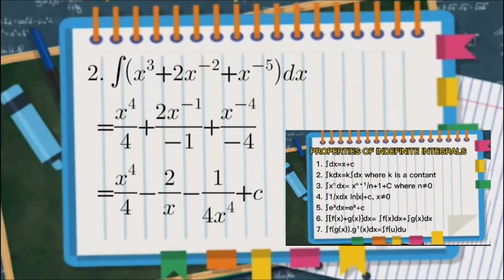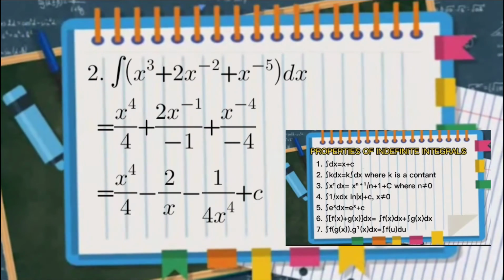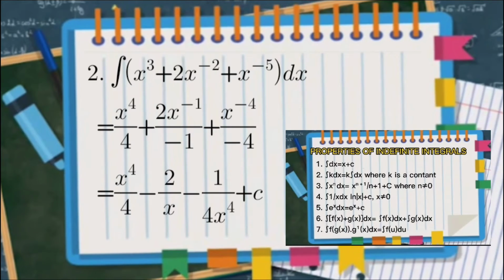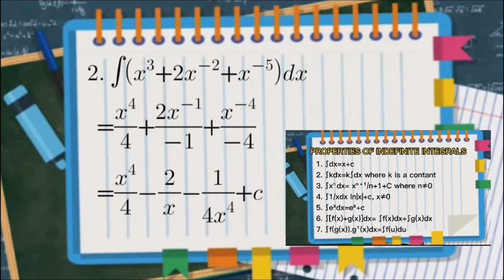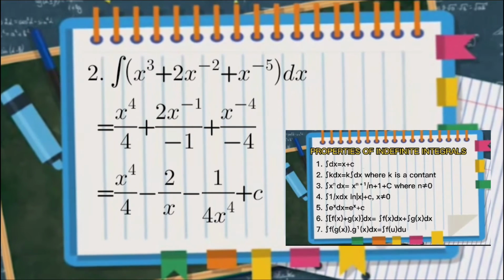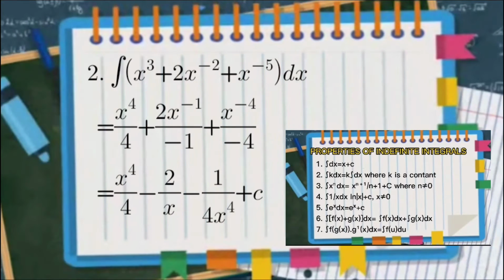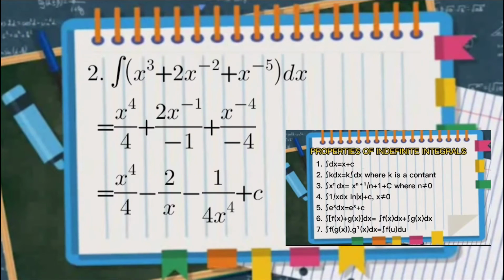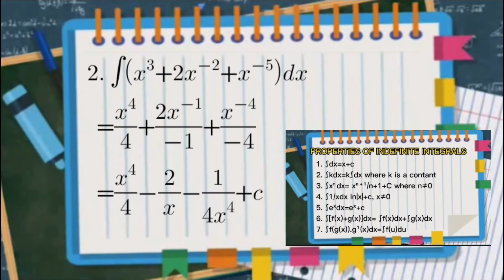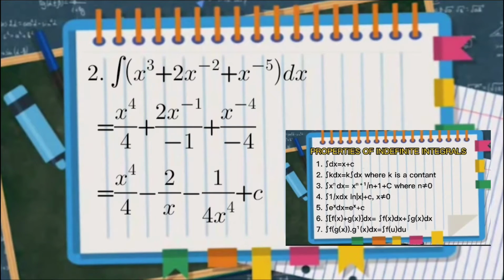So what we're going to do is to find which of the properties of indefinite integrals we can apply in this example. In our example it is mostly property number 3, which is the integration of x to the power of n dx is equal to x to the power of n plus 1 over n plus 1 plus c, where n is not equal to negative 1.